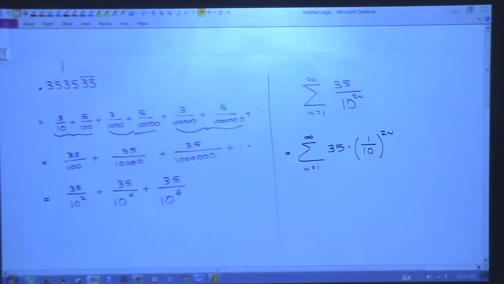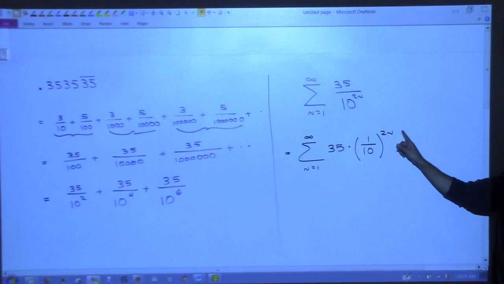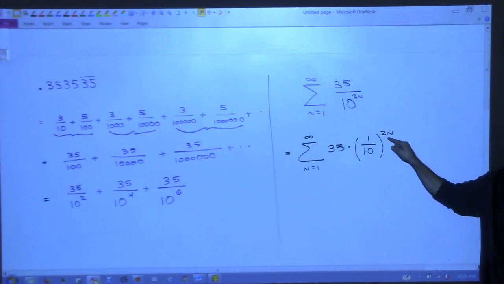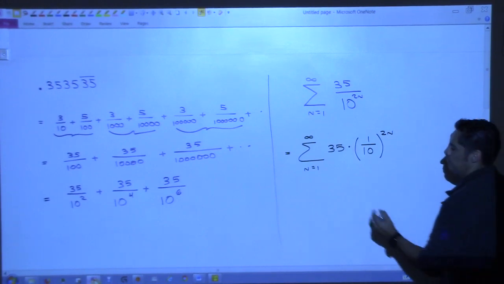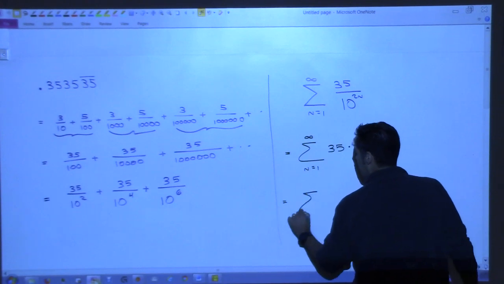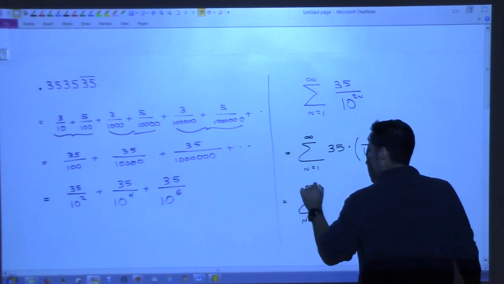Now we have a problem. What's the problem? This is not geometric yet. What's our issue? We need that to be to the n minus 1, right? And I can't just do minus 1 plus 1 right now because I have 2n, don't I? So here's one way I could resolve that.